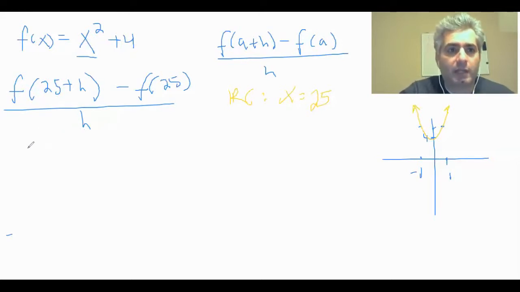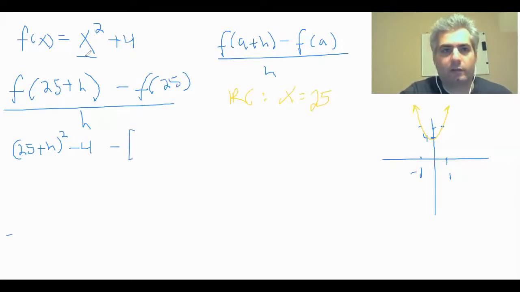So it would be (25 plus h) squared plus 4, minus f of 25. I'm going to open brackets and substitute 25 for x, so 25 squared plus 4.